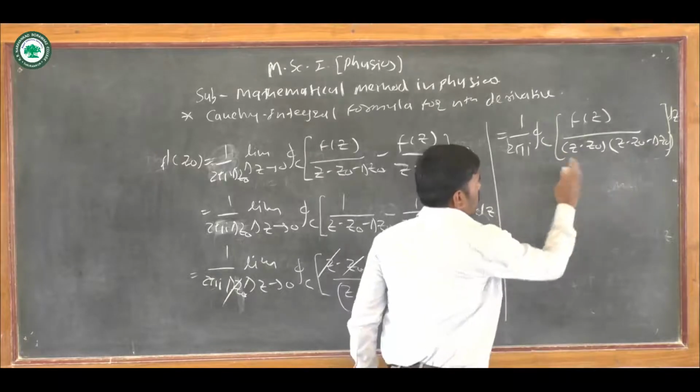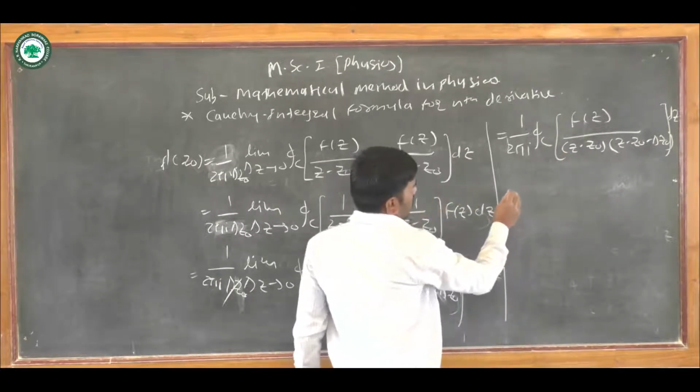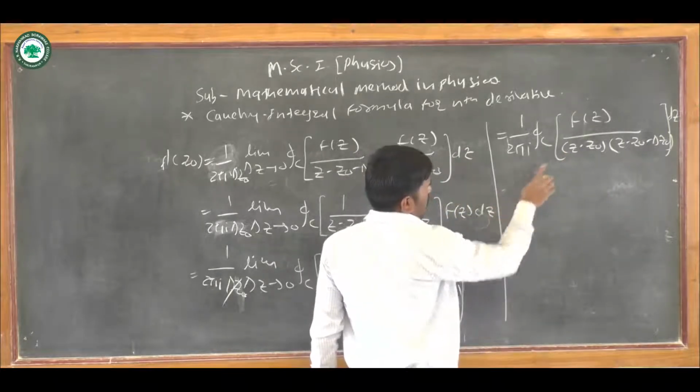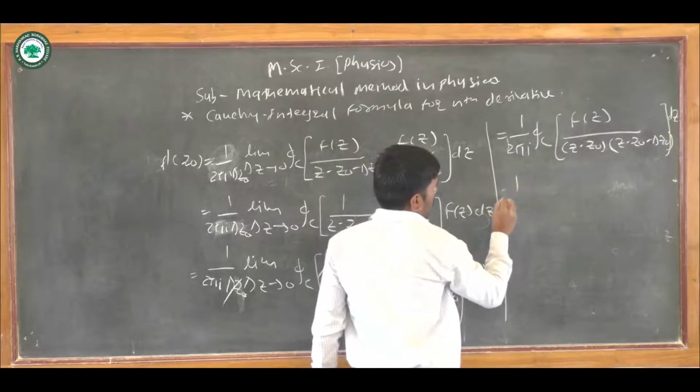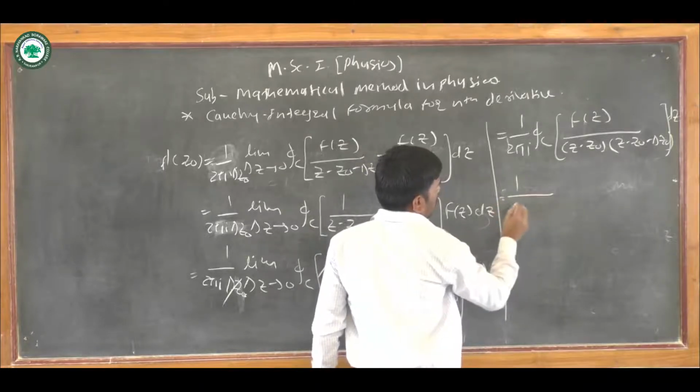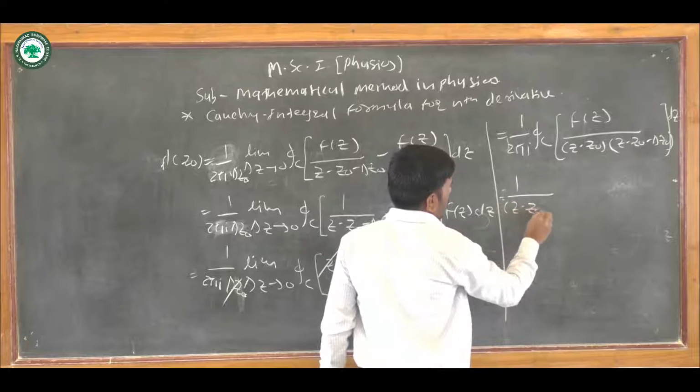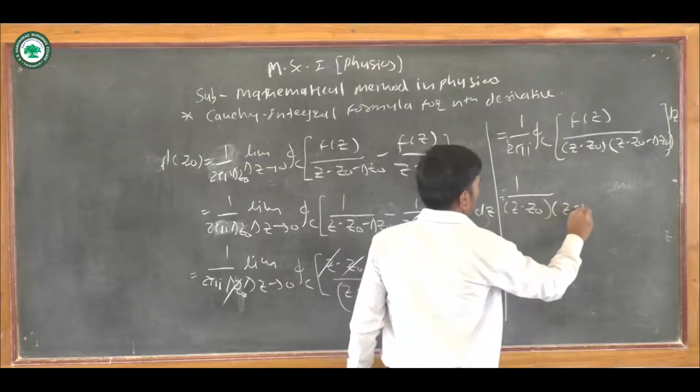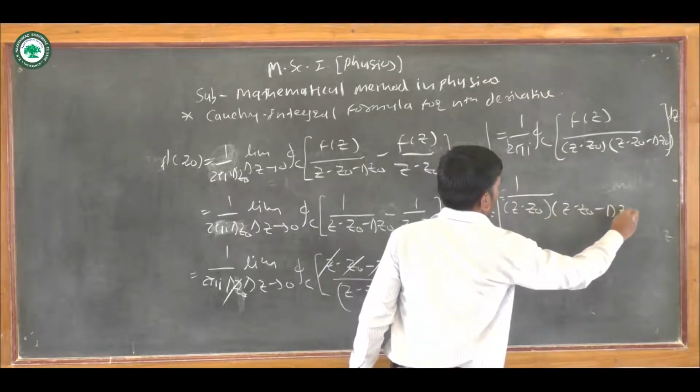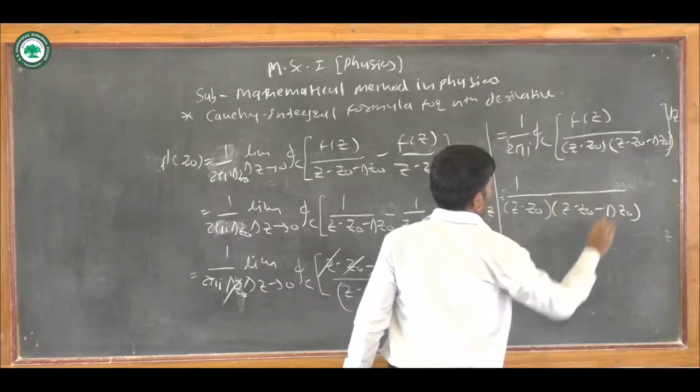Okay, so for this denominator I write the expression like this: from this, 1 is equal to 1 by z minus z naught, z minus z naught minus del z naught.